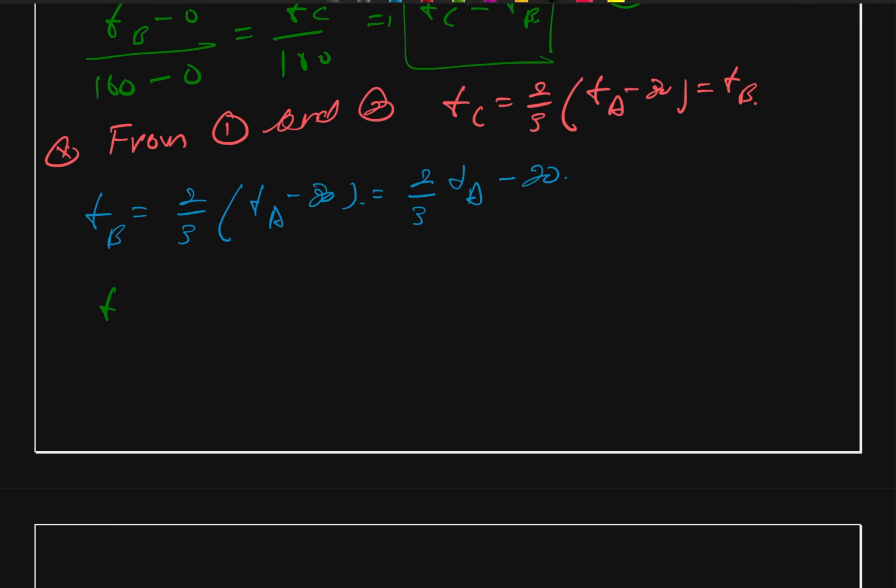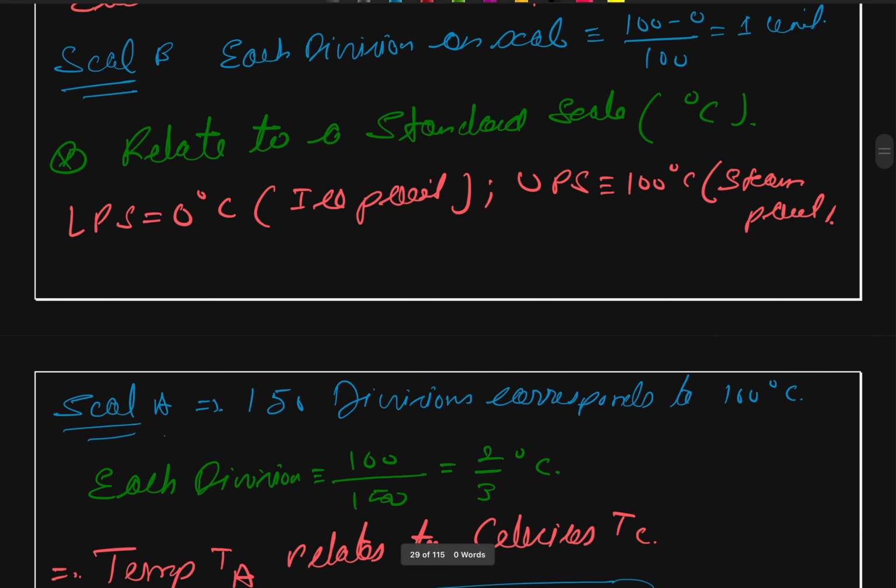So from here we get our TB is equal to 2 by 3 times TA minus of 20. Okay. And let us try to match this with our option.